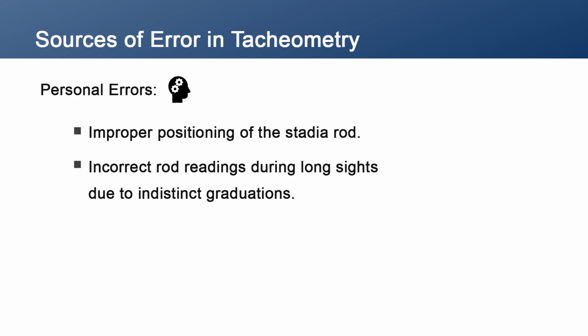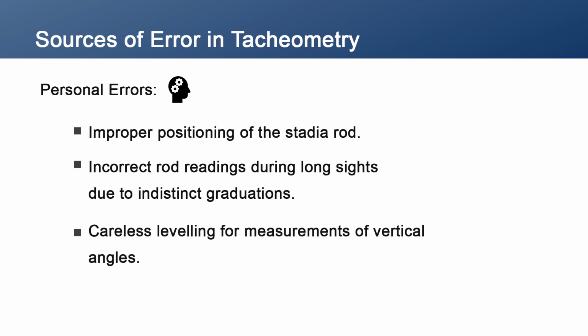Additionally, personal errors can occur, such as improper positioning of the stadia rod or incorrect reading due to indistinct graduation, especially during longer sights. Also, carelessness in leveling for vertical angle measurement can introduce errors, highlighting the importance of attention to detail during the survey process.